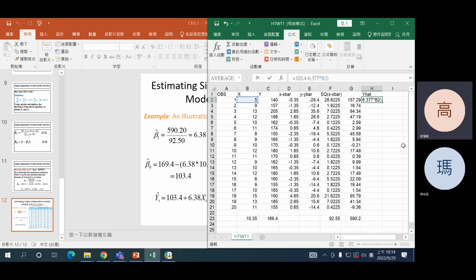Is this the same as what I have here? No, it's not right. Oh, is this plus? This is plus, not minus. I'm sorry. I'll put it here.